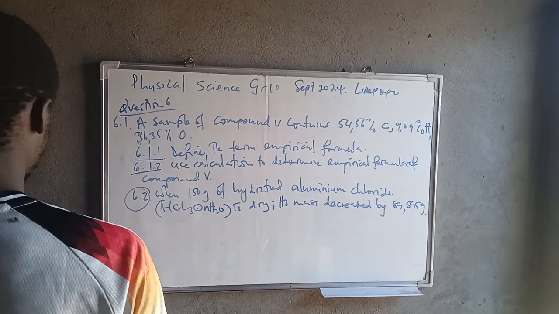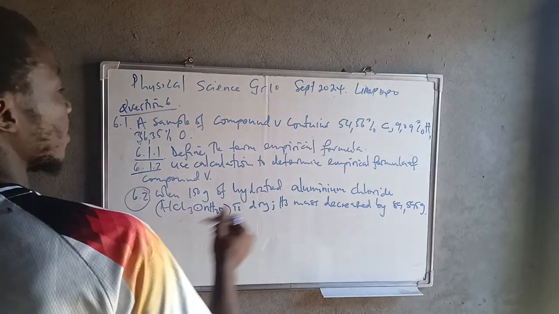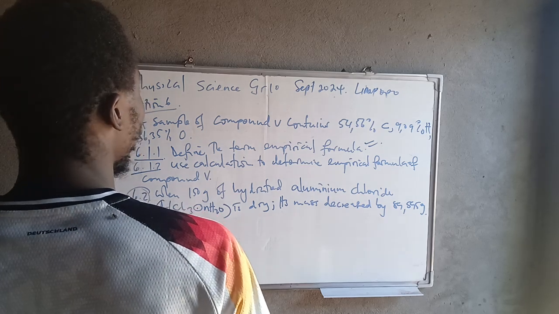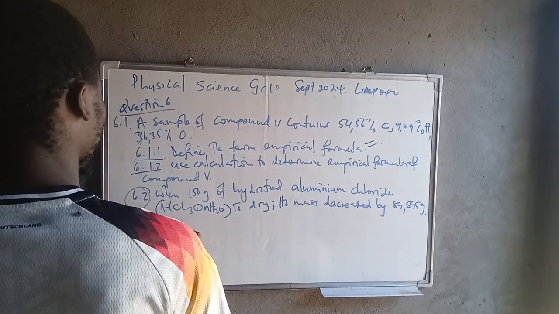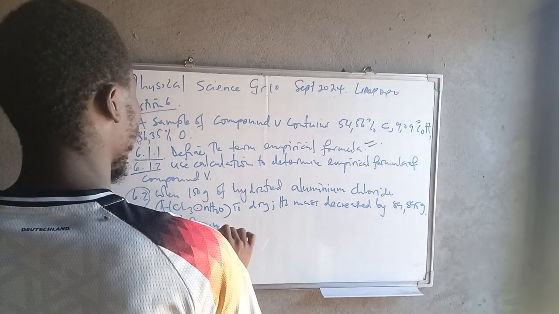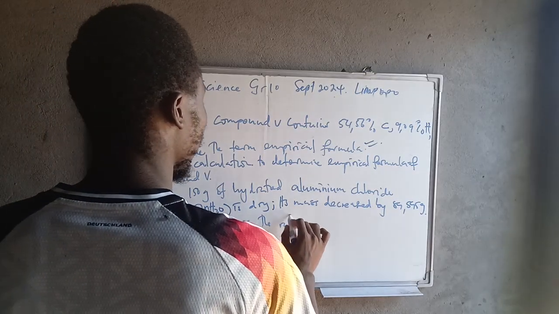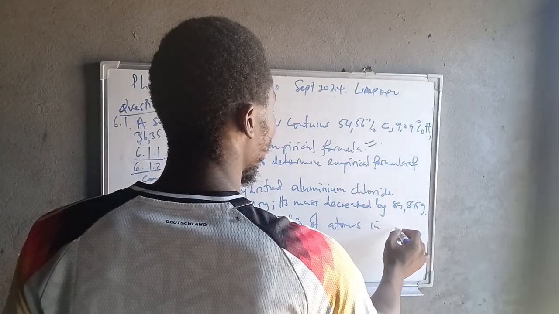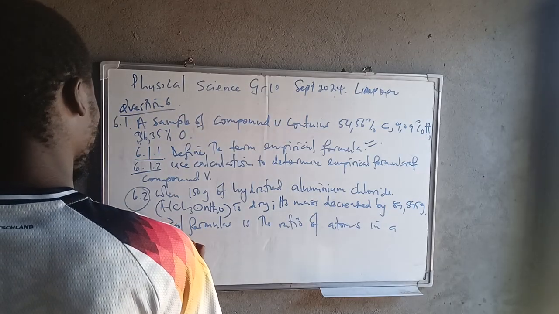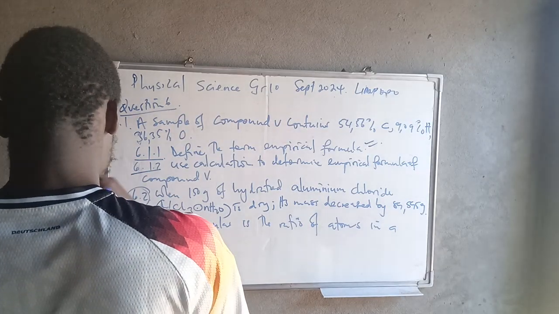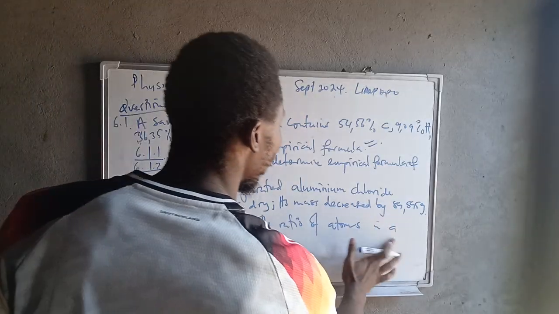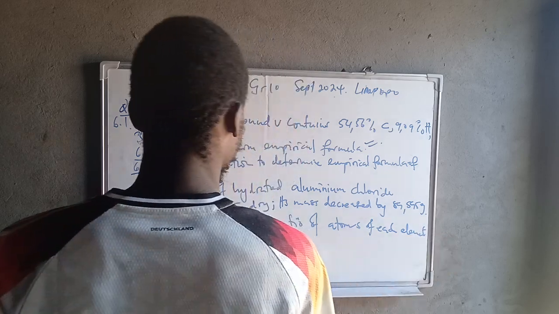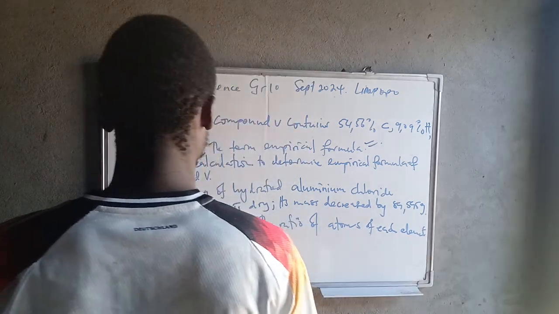Right. So on 6.1, what was the question? Define the term empirical formula. So how do we define empirical formula? We can say empirical formula is the ratio of atoms of each element in a compound.